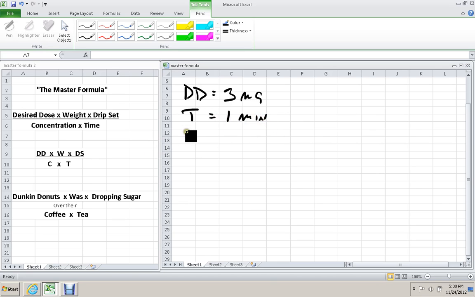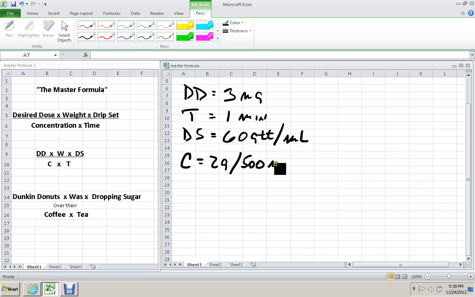The drip set that we're using is a microdrip set, so that's 60 drops per milliliter. And the concentration, lidocaine is supplied in 2 grams per 500 mLs, at least in this example. This is what we're using.